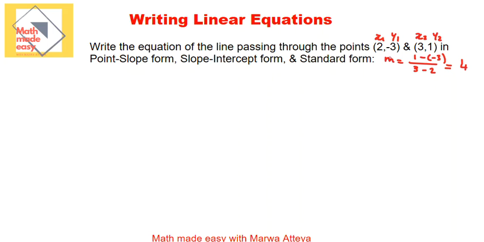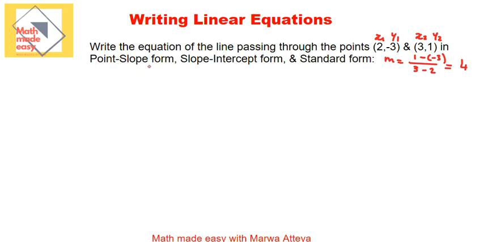Now, finding the slope is essential for us to find any of the equations. We are required to find the point slope form, slope-intercept form, and standard form of the equation of the line passing through these 2 points. However, we can't start with slope-intercept form this time because we don't have the y-intercept. But it would be very easy for you to start with the point slope form.